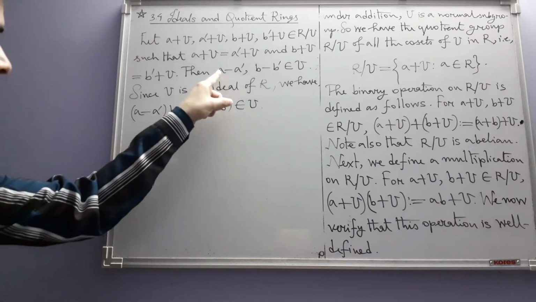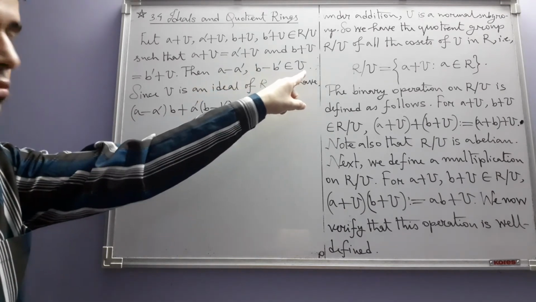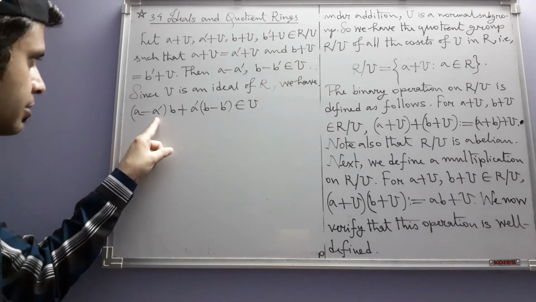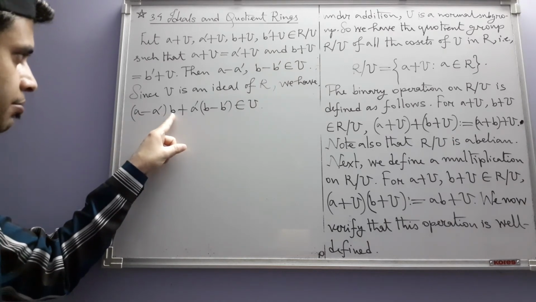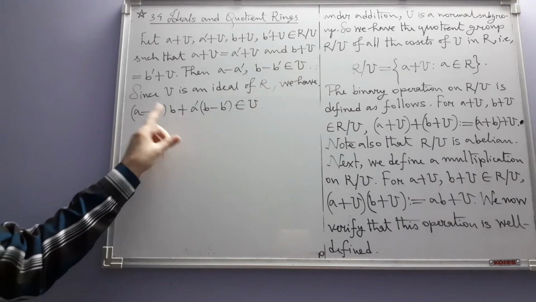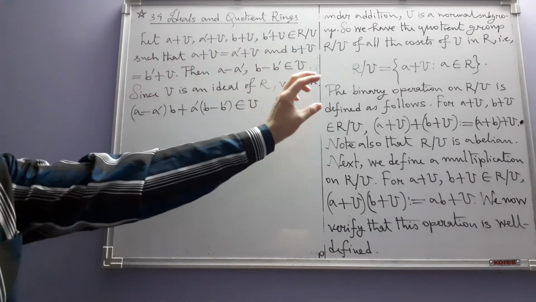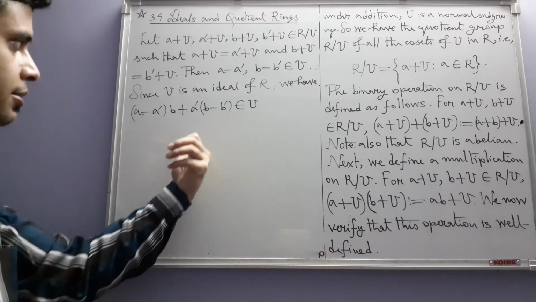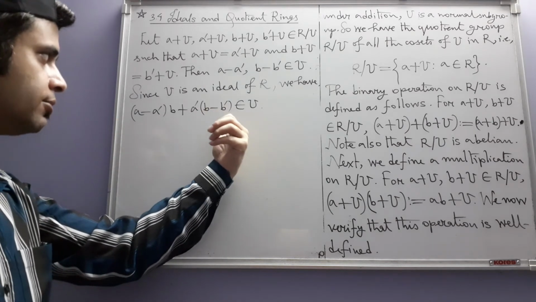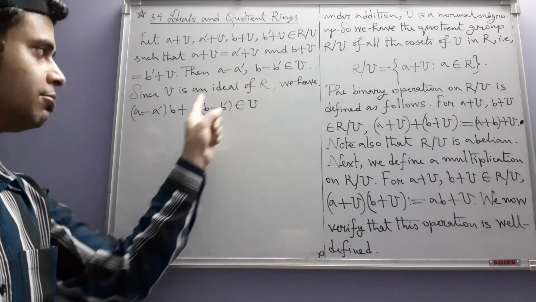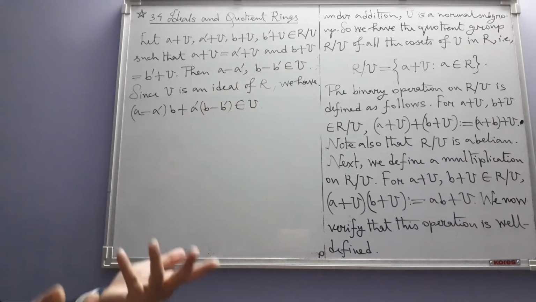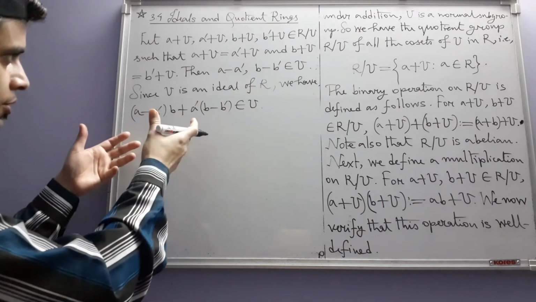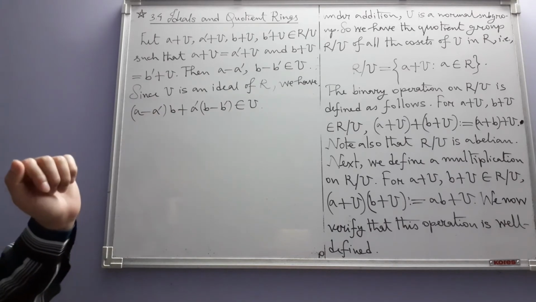You see, A minus A prime is an element in U. So we can multiply this element from the right by a ring element B, and the product will belong to U, because U swallows up multiplication from the right. Like that, U swallows up multiplication from the left. So I can multiply this element of U by A prime. So that will also be in U. And their sum, of course, will be in U, because U is an additive subgroup.